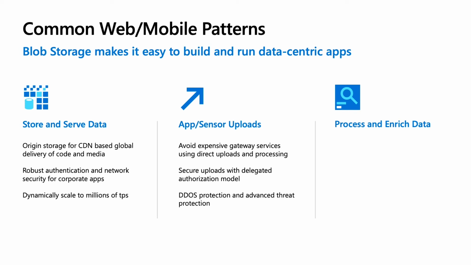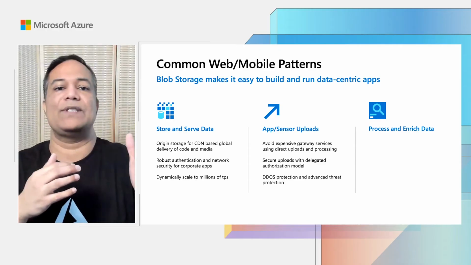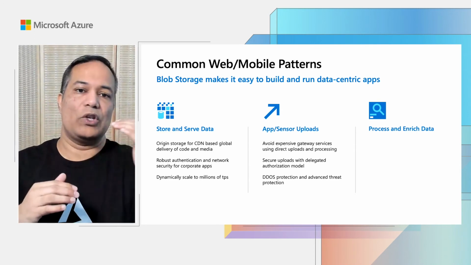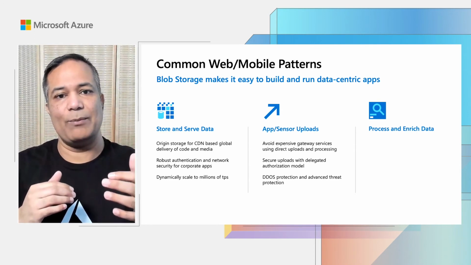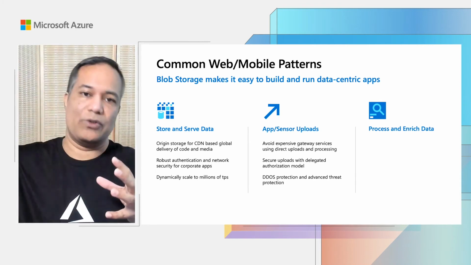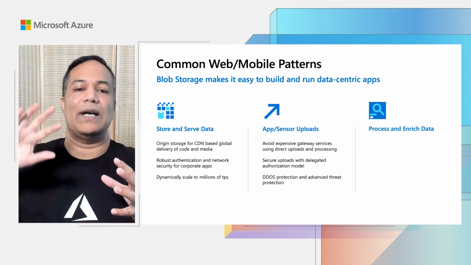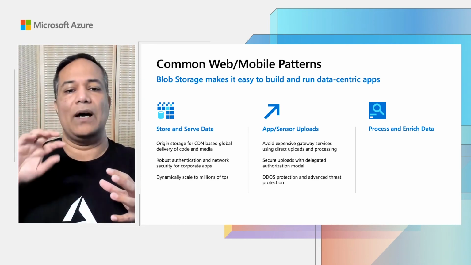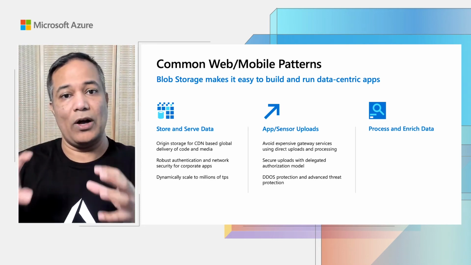Another very common pattern is, you have applications or you have sensor data, and there's a lot of data coming in. Blob storage has a key advantage over other frameworks where you don't have to build an expensive gateway service or proxy layer to receive this data and write it in. You can use our delegated authorization capabilities to have untrusted devices or sensors upload data directly to our front ends and have that data saved and processed from that point onwards.